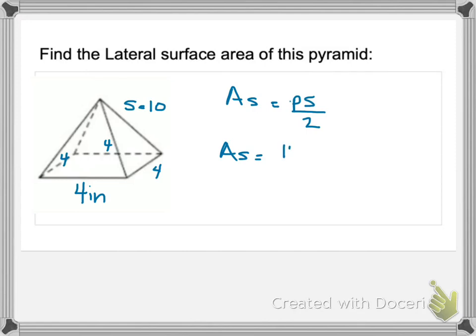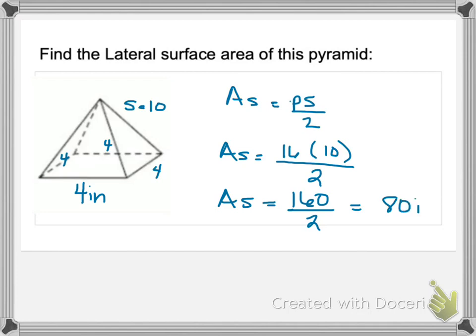We've got 16, right? Times my slant height of 10 divided by 2. And let's figure out what that is. Well, A sub S is equal to 16 times 10 is just 160 divided by 2, we get 80 inches. Is this squared? Is this cubed? Is this what?